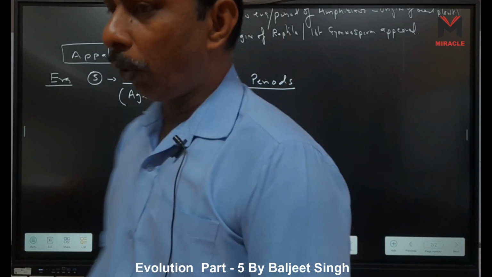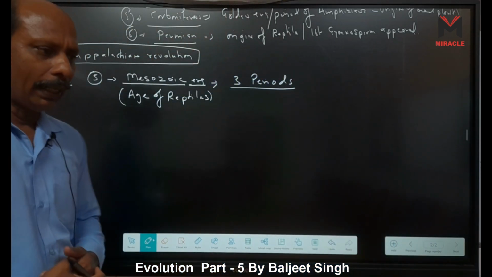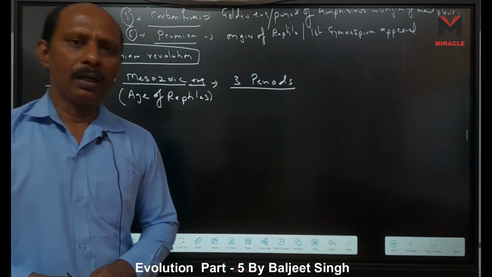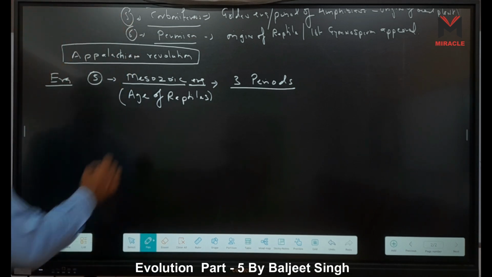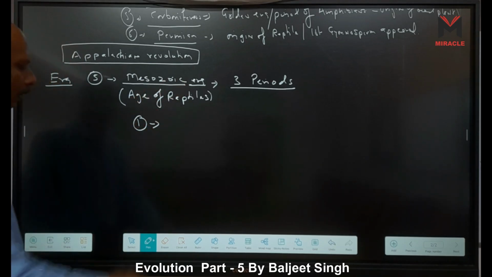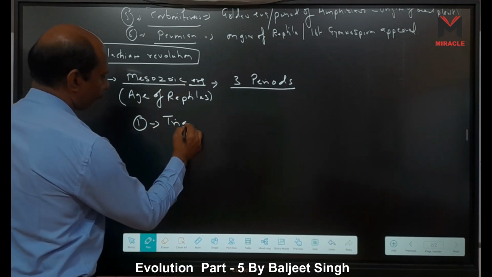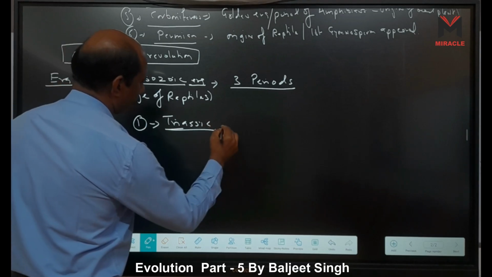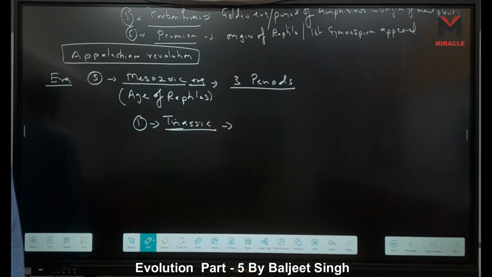Triassic means origin of large reptiles, and Jurassic is used as the golden era of dinosaurs, right? So the first period is our Triassic. In Triassic, what happens?